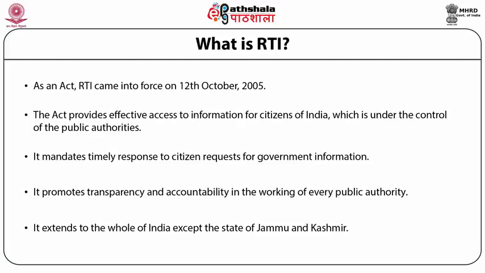It received the assent on 15th June 2005 and it comes into force on the 12th October 2005, that is the 120th day of its enactment on 15th June 2005. It came on the Statute Book of the Right to Information Act 2005. The Act extends to the whole of India except the state of Jammu and Kashmir.